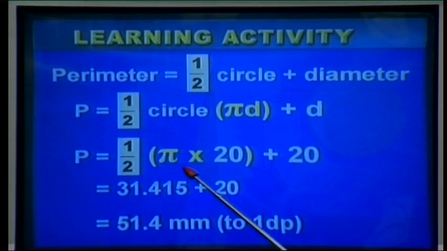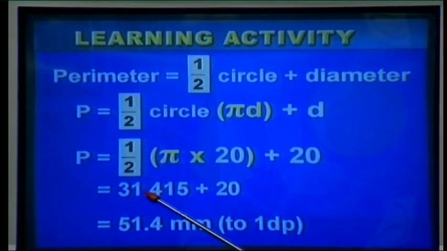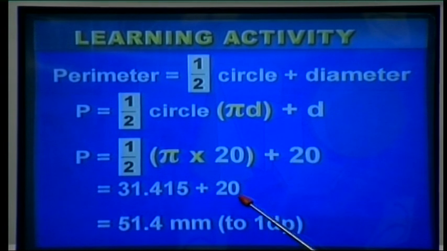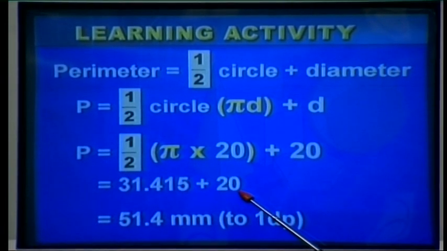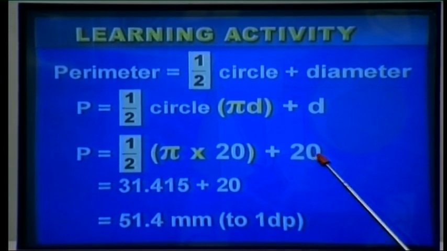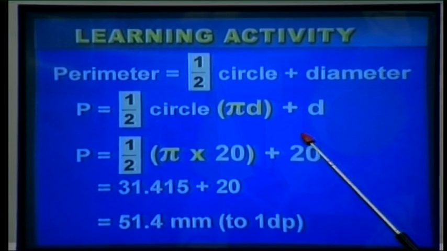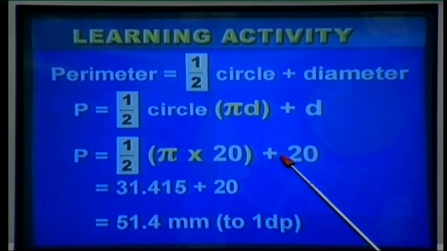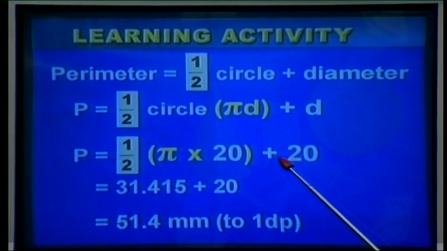Okay, the first calculation has been done here. 31.415 plus 20. Where did I take the 20 from? Okay, this is this 20 here. Can you see it is being separated by a different operational sign, which is plus.